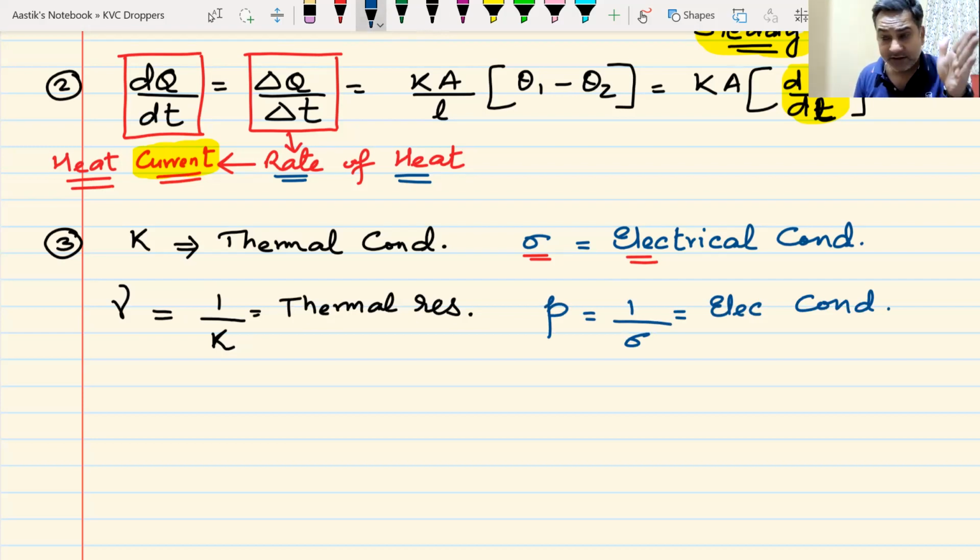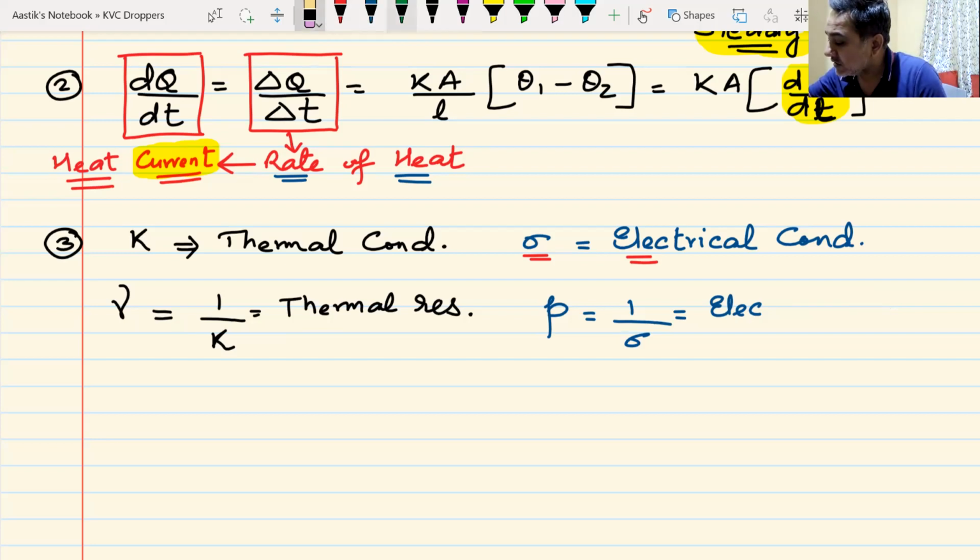So K is doing the same job as sigma, and gamma, which is 1 by K. We don't use gamma in conduction, but we can make a term gamma, which is known as the thermal resistivity. It is doing the same job as rho, which is electrical resistivity. Slip of tongue, electrical resistivity.